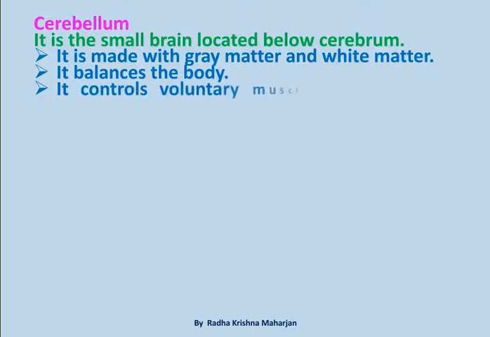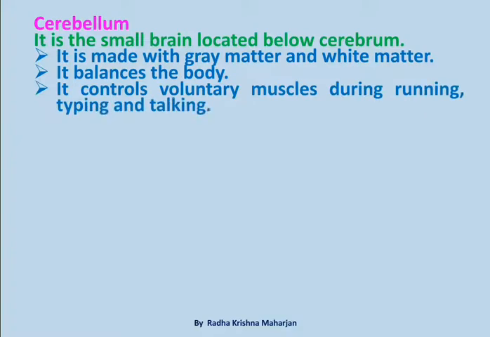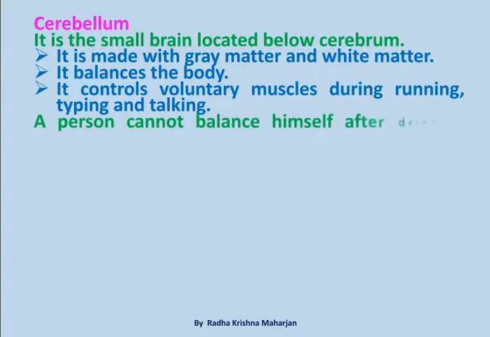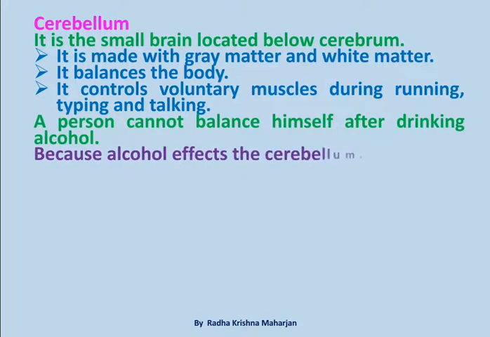It controls voluntary muscles during running, typing, and talking. A person cannot balance himself after drinking alcohol because alcohol affects the cerebellum.